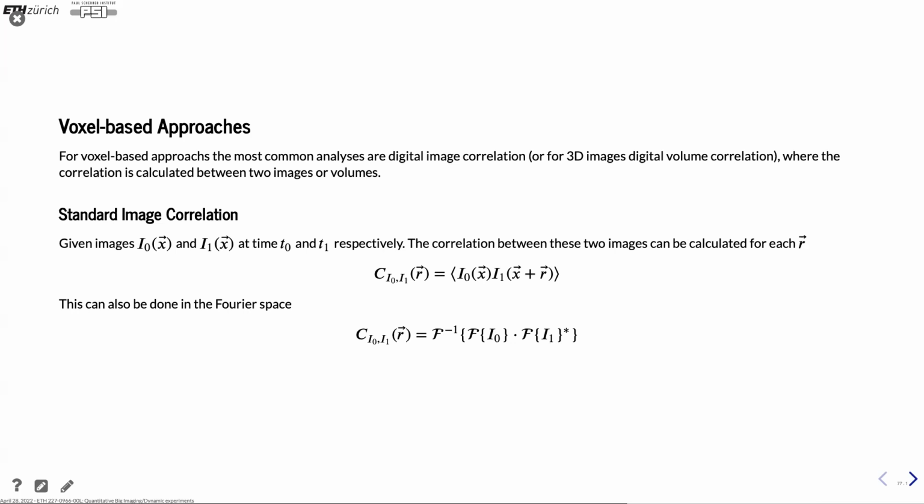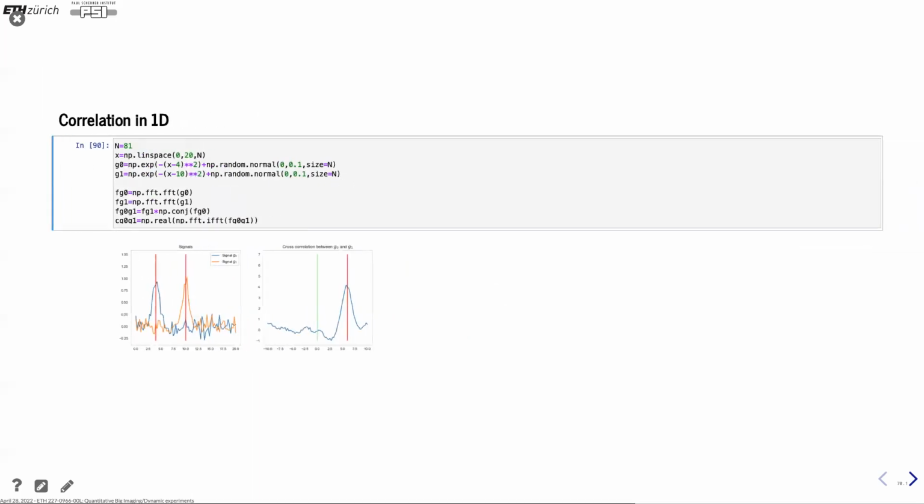And when we do that, as in the one-dimensional case, I just produced 2 peaks here with some displacement. I think the displacement is 6. And then I cross-correlate these two. The output of the cross-correlation is a very strong peak 6 positions away.